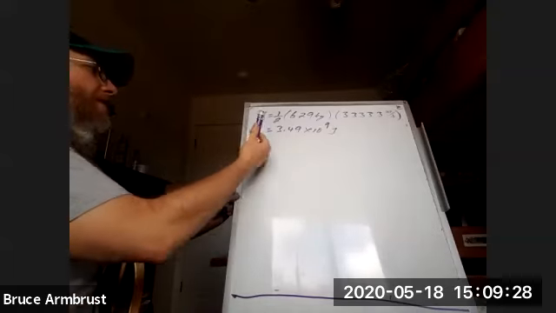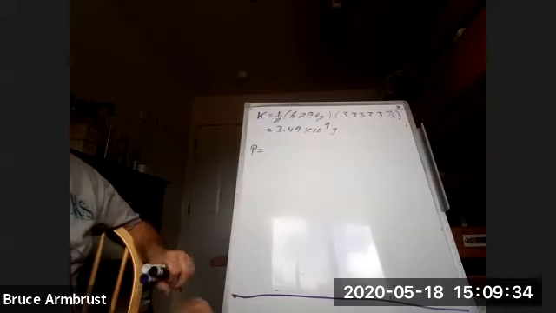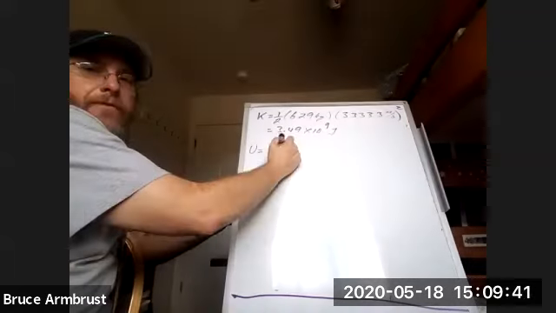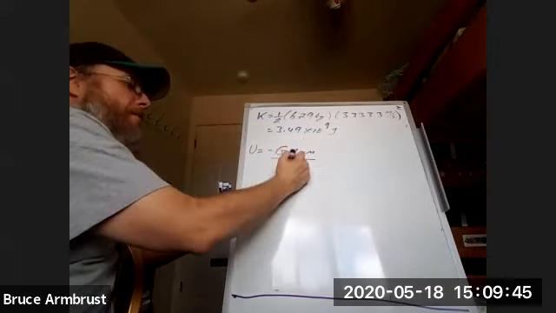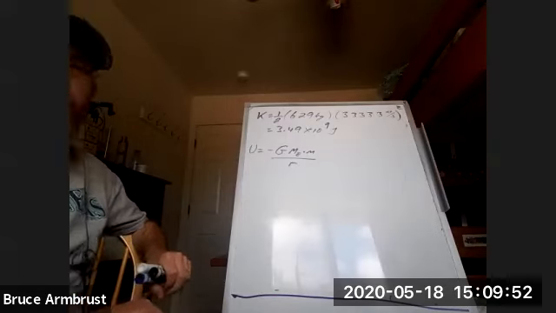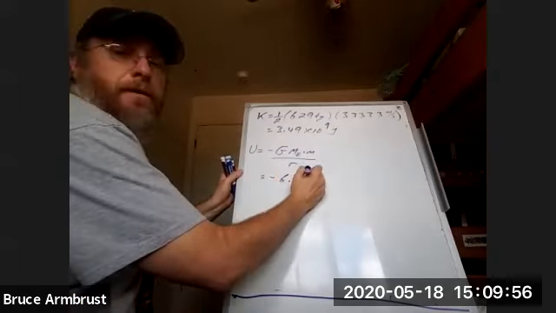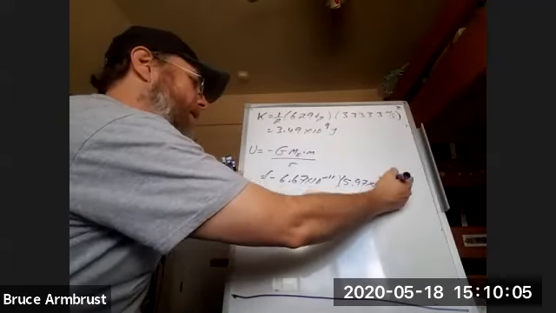Then for the potential energy, this one we can't use mgh anymore because we're far enough away that it actually matters. The potential energy is equal to negative G times M_e times m over r, where M_e is the mass of the Earth. So if you put those numbers in: the mass of the Earth, I know I didn't supply it, but I also know you guys have access to things like Google and whatnot.